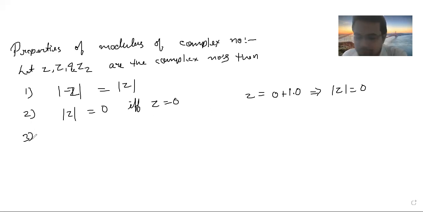Number 3 is that the mod of the product of two complex numbers can be taken separately as mod z1 into mod z2.